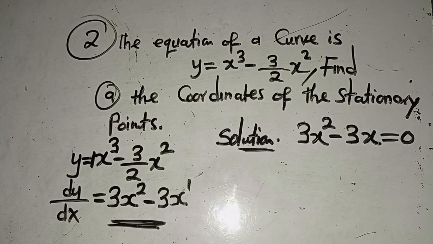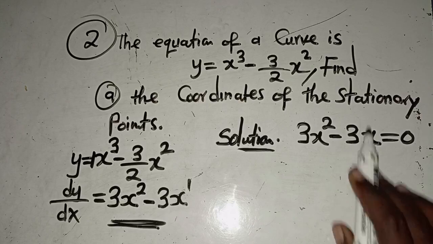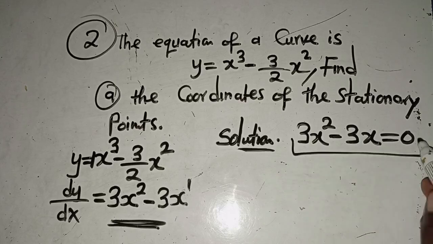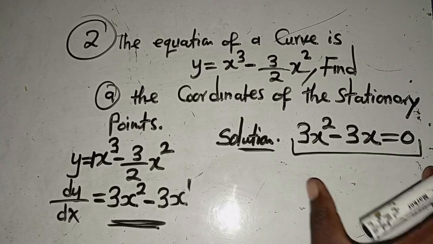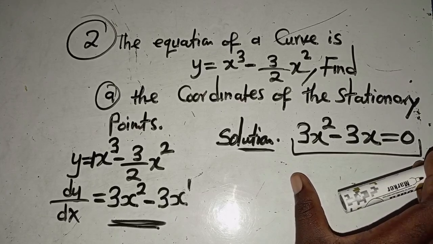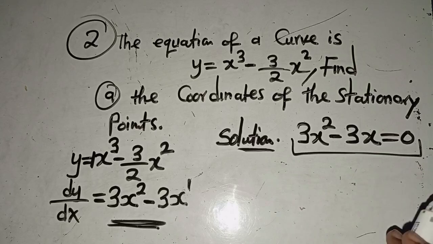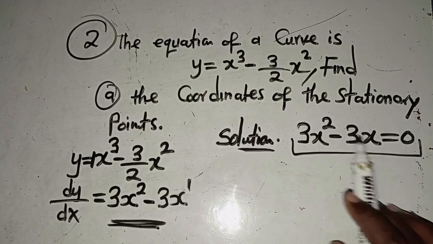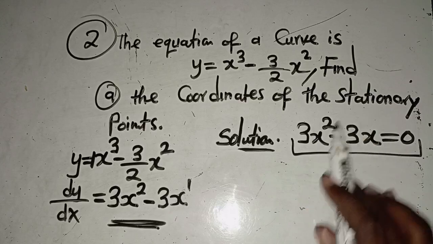I don't want you to be making mistakes there. So I get this part now, and I'm going to solve it. This part is not falling under calculus. It is falling under equations, how to solve. So don't say, sir, I was not there when you were starting these things. No, these are equations now.